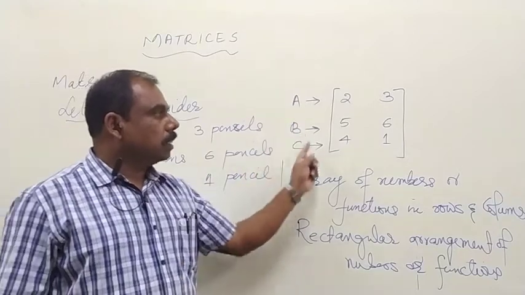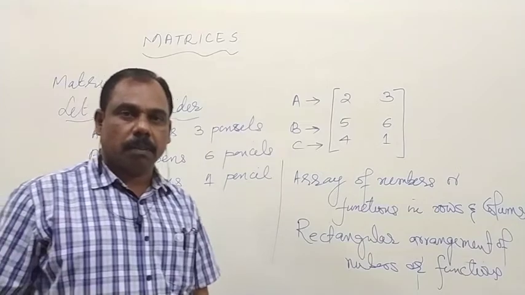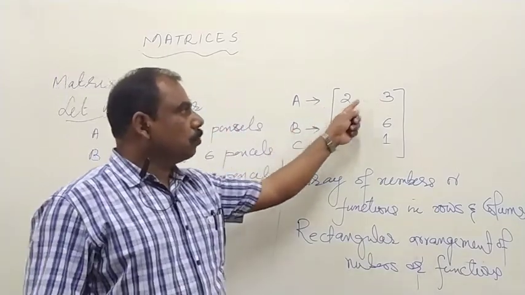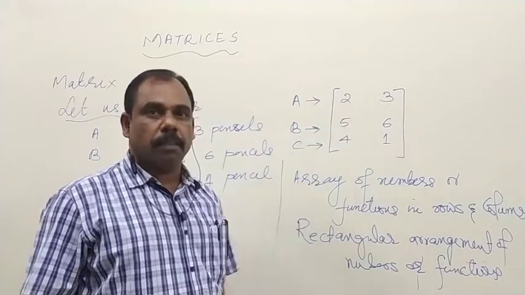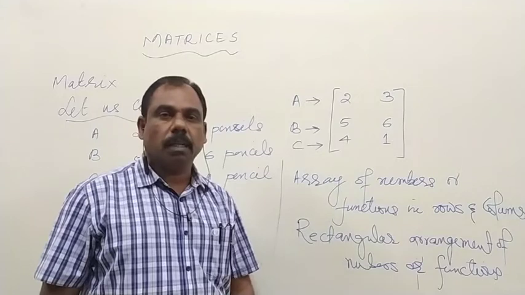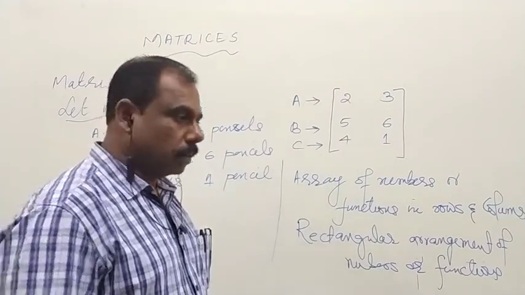Usually, this type of representation is denoted by capital A, B, C, P, Q, R, X, Y, Z, etc. And the numbers written inside the square braces, 2, 3, 5, 6, 4, 1, are known as elements or entries of a matrix.